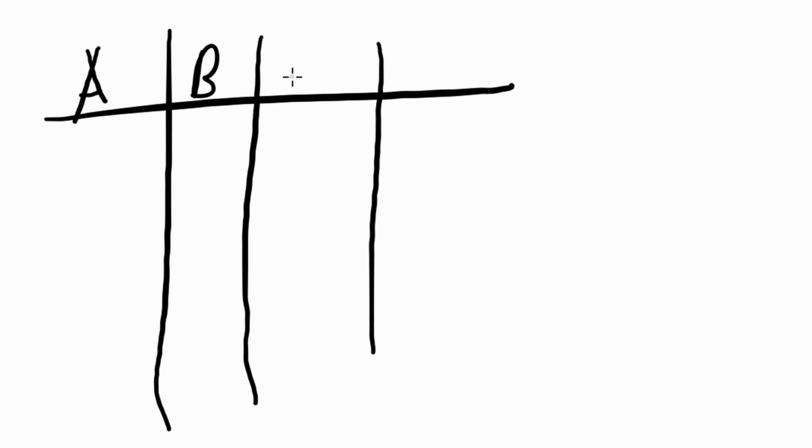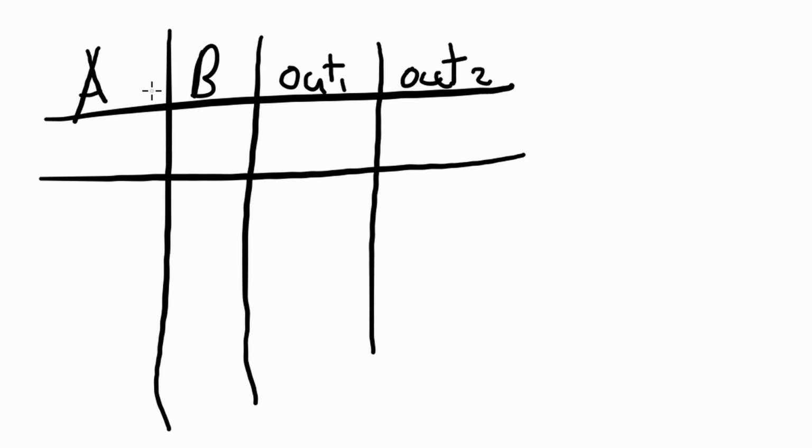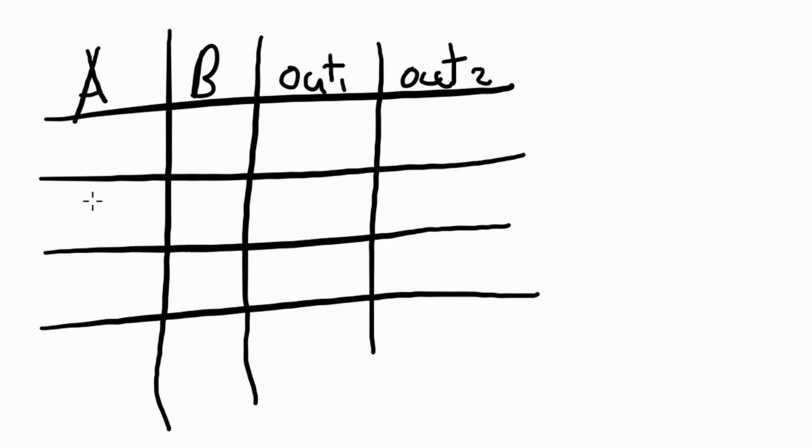That's the cool part. So I'm going to say this is out 1 and this is out 2. Of course, with two inputs, 2 squared is 4, so you'll have only 4 possible input patterns: 0 0, 0 1, 1 0, and 1 1.